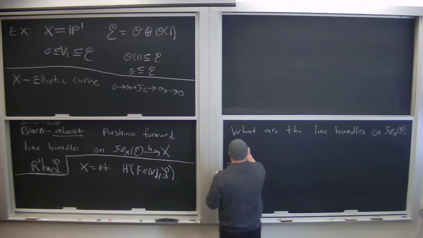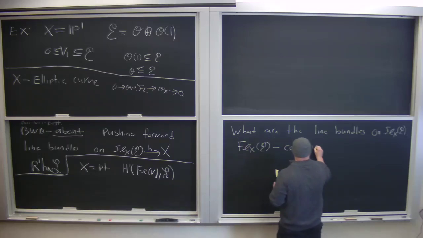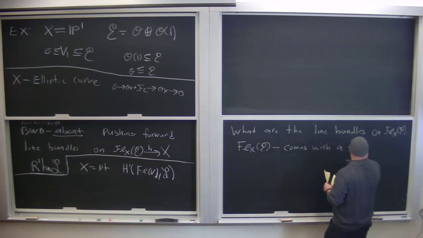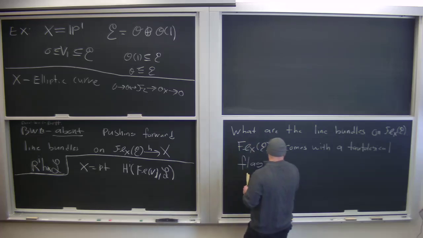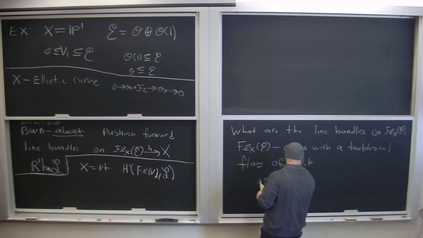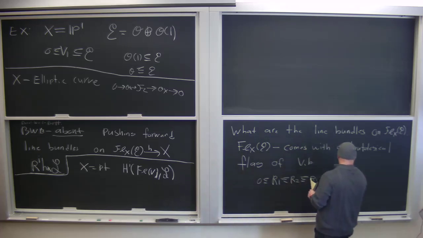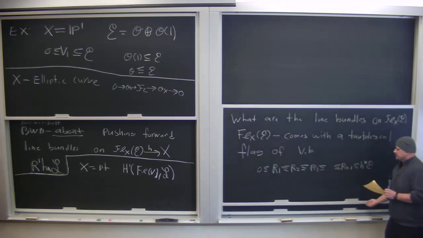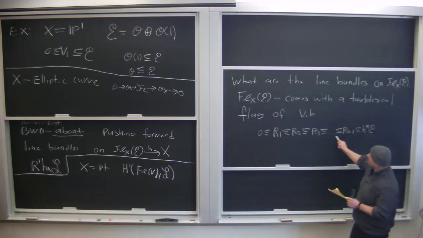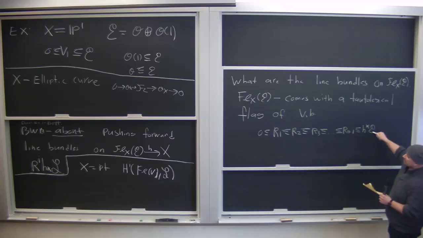Okay, so to set it up, sitting on the flag variety, there is a sequence of sub-bundles that give a full flag of the pullback of this bundle here.